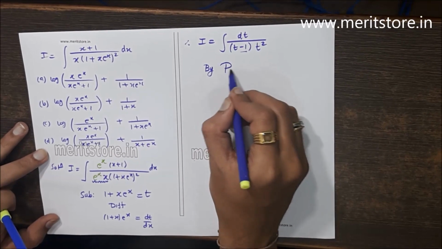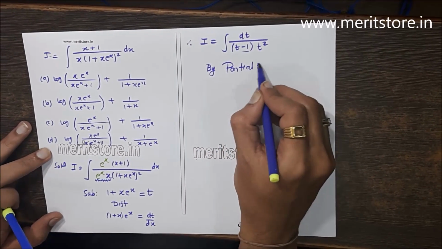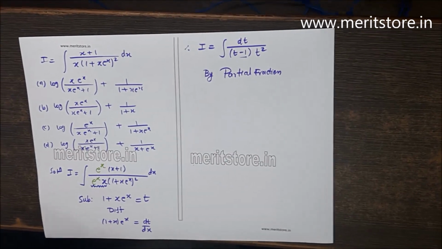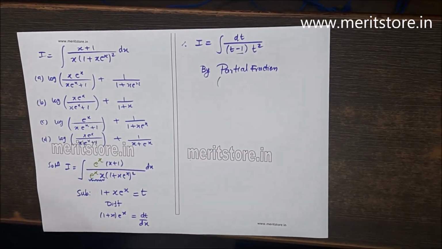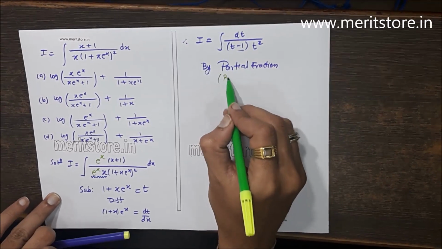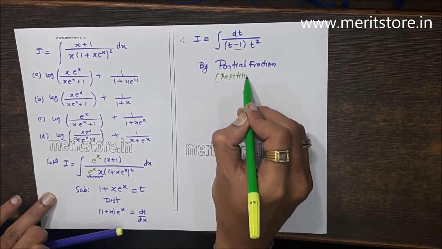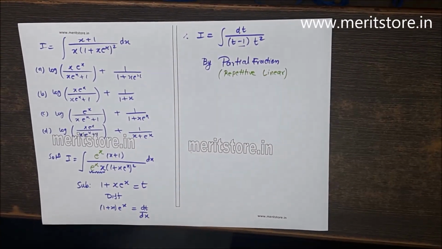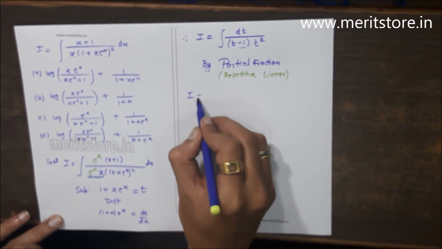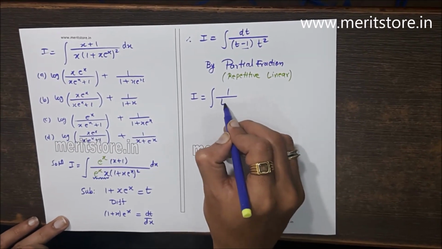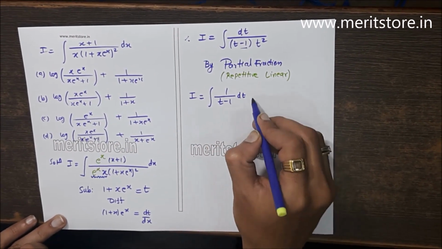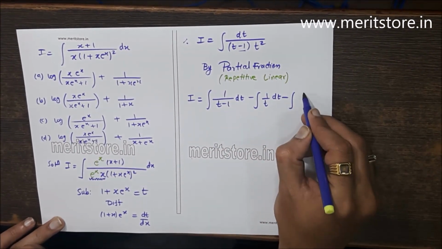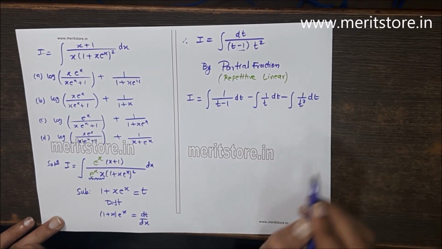By solving the partial fraction of the category repetitive linear and solving that entire term, I will get the integral as the integral of 1 upon t minus 1 dt minus the integral of 1 upon t dt minus the integral of 1 upon t square dt.